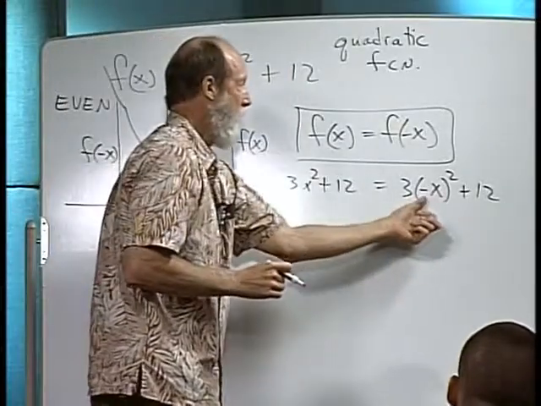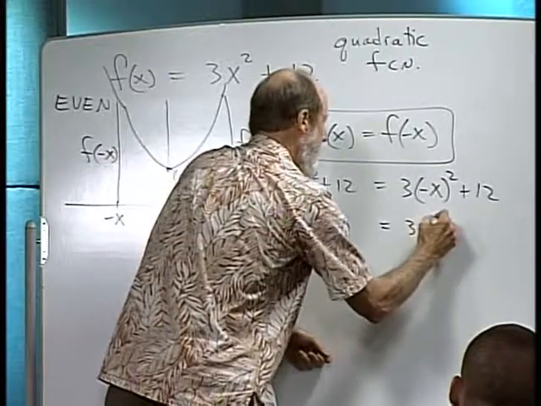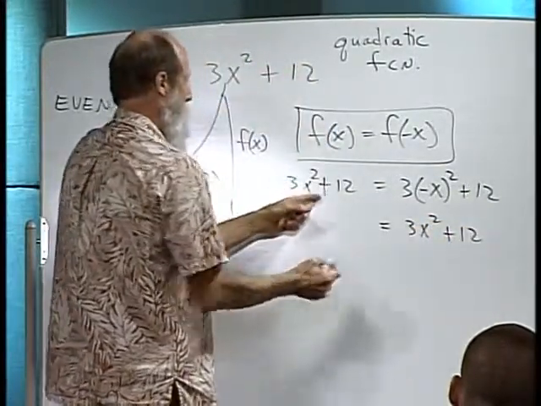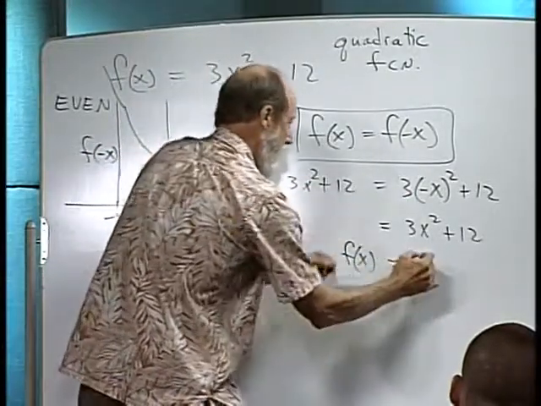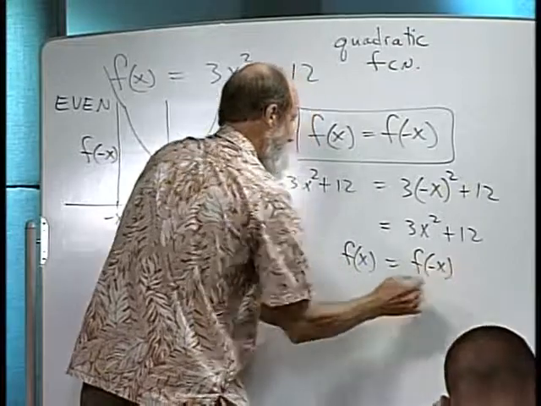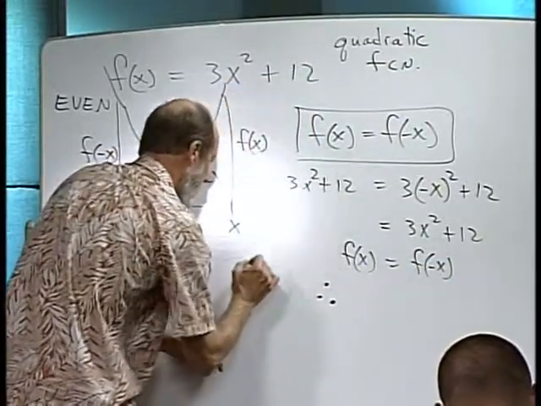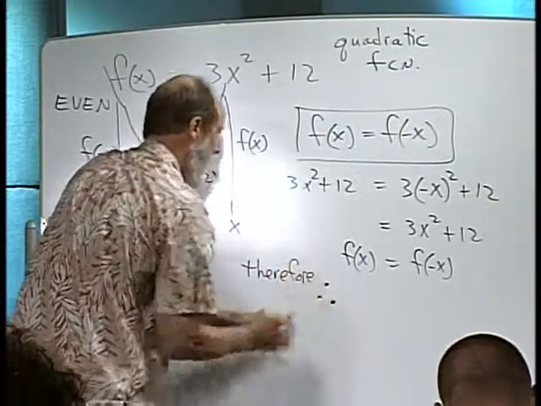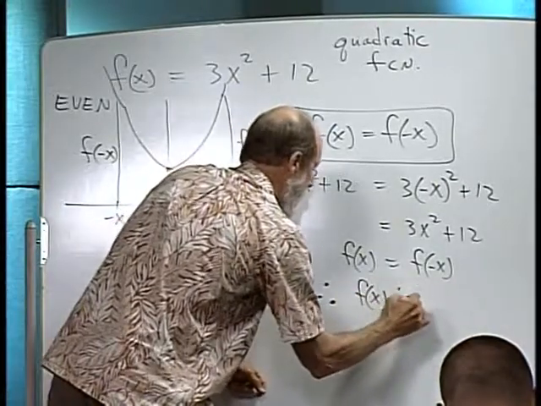When you square a negative, that becomes positive, and so you get 3x squared plus 12, and so you observe that your f of x here is the same as this f of negative x. So therefore, and here's the math symbol for therefore, f of x is even.